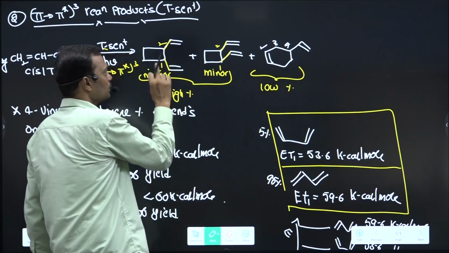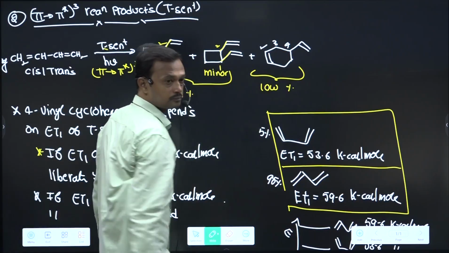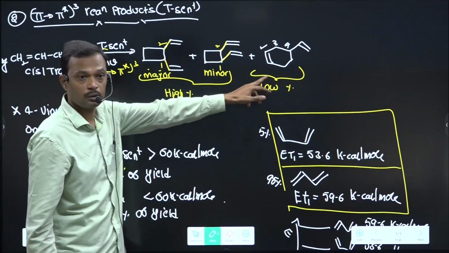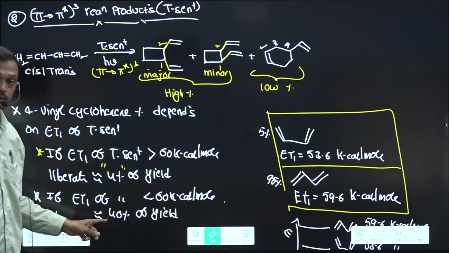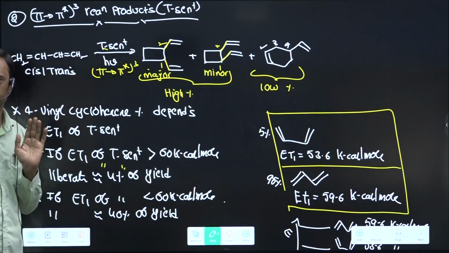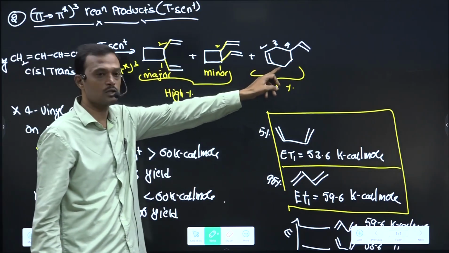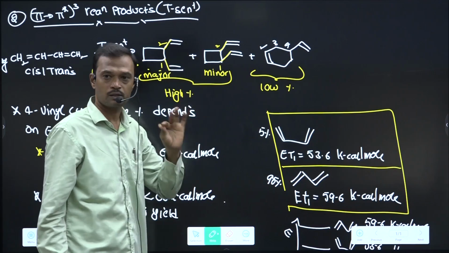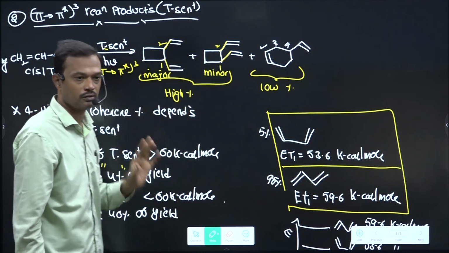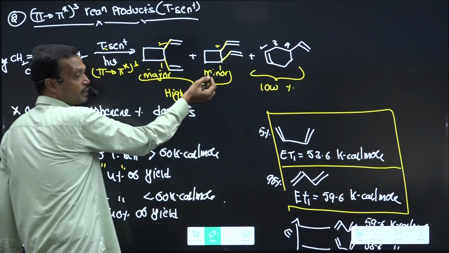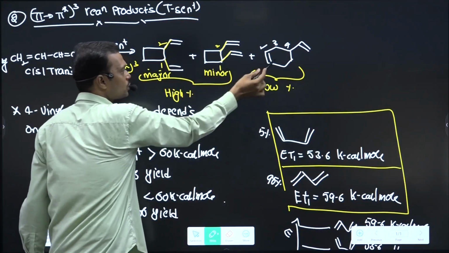But still this is major, this is minor. Even though this percentage increases, it is minor, because how much is it increasing? Maximum approximately 40, 44 like that. Only in a very rare case is it major; I will show in which case. But in 99% of cases, if triplet sensitizers are given, try to give PRT for trans. Always this is minor. Forget about this one, focus on these two.